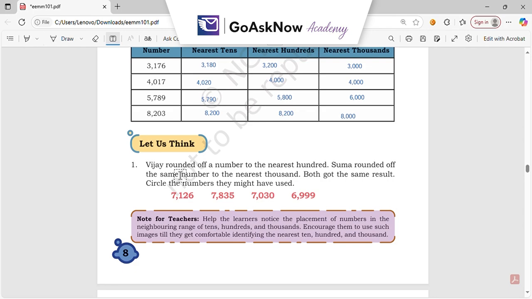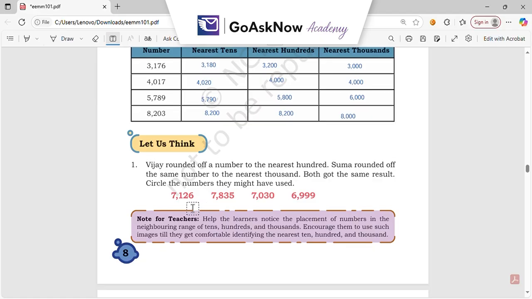Now let us think. Vijaya rounded off a number to the nearest 100. Suma rounded off the same number to the nearest 1000. Both got the same result. Circle the numbers they might have. That means Vijaya rounded to the nearest 100 and Suma to the nearest 1000, getting the same number.